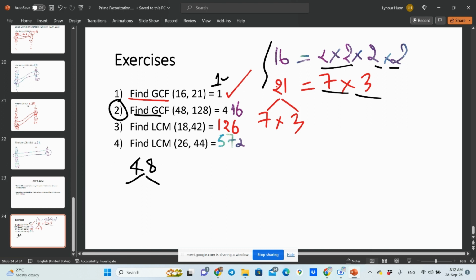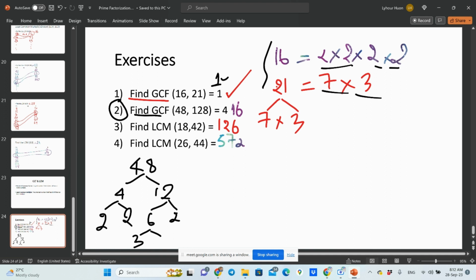So 48 consists of 4 times 12. We turn 4 into 2 times 2, and 12 into 6 times 2, and 6 into 3 times 2.